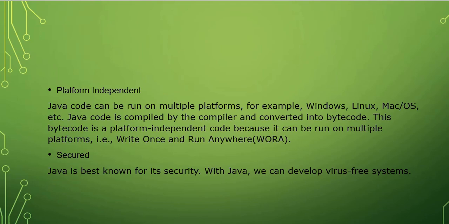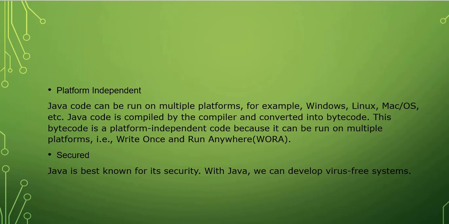Next one, platform independent means what? Java code can run on multiple platforms like Windows, Linux, Mac OS, etc. Okay. First, our Java code is compiled by the compiler. So what is the output of the compiler? The output of the Java code from the compiler is what? Bytecode. Okay, this bytecode is a platform independent code.